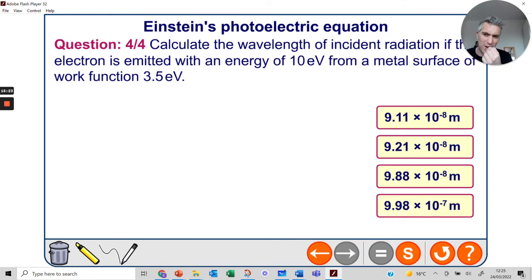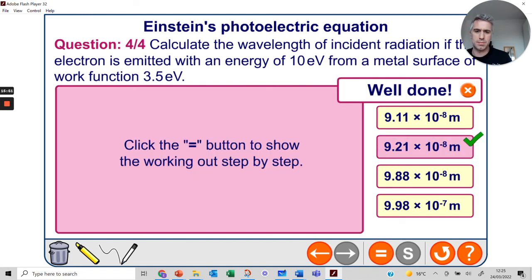And one more. Calculate the wavelength, another wavelength one. Do it. Should give you this one.